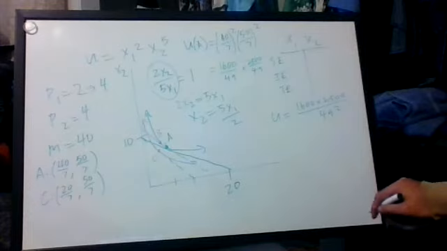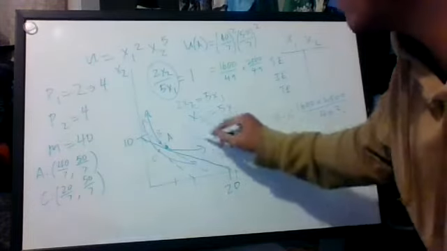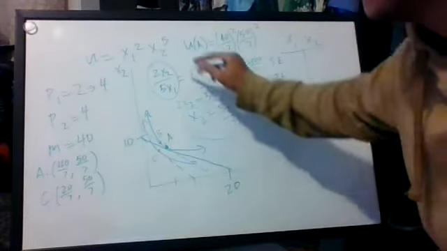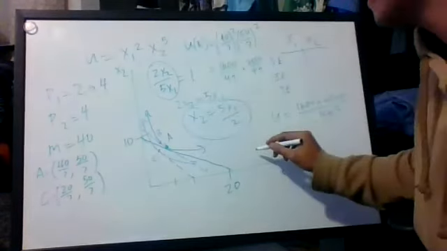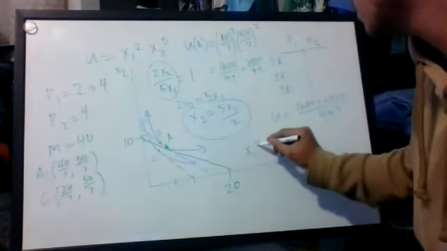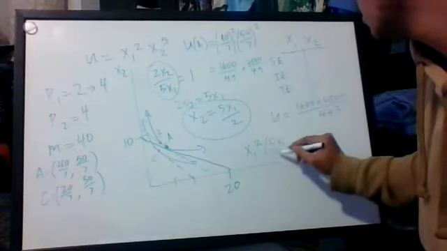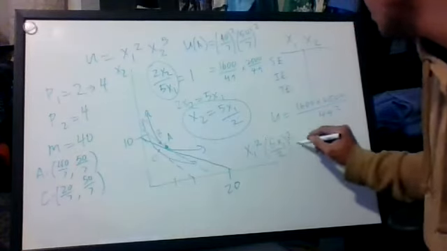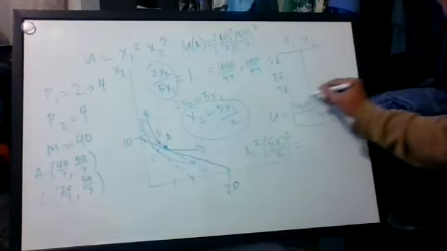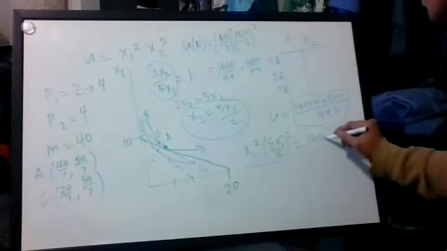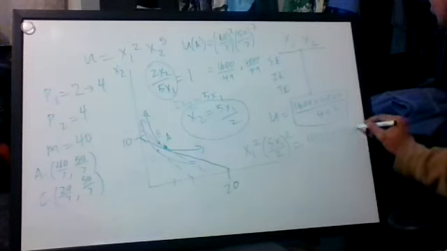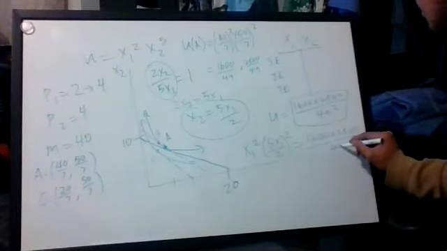What I'm going to be able to do is substitute this value of x2 into here and get that x1 squared times (5x1 over 2) squared is equal to this value right here over 49 squared.